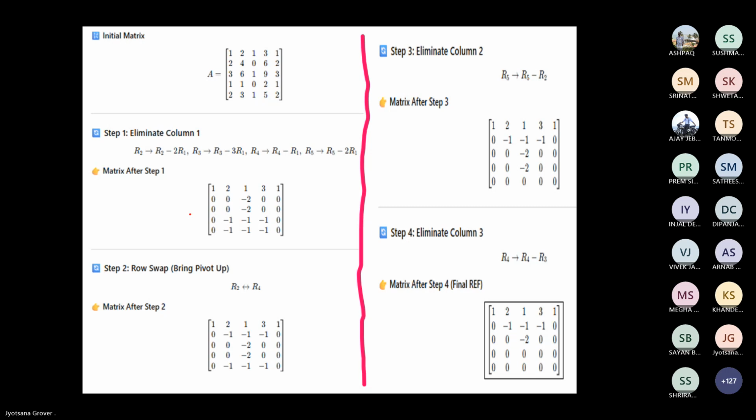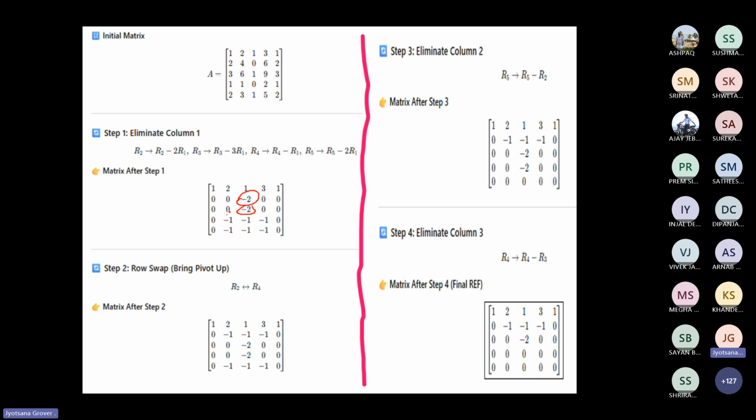Ma'am, as you told last time, there is no rule that the non-zero entry should be immediate in the last row. So here in the second row, minus 2 is there. Can we treat that as a leading entry instead of swapping again? Actually, your question is very much valid. Here the leading entry is -2, and here also the leading entry is -2.